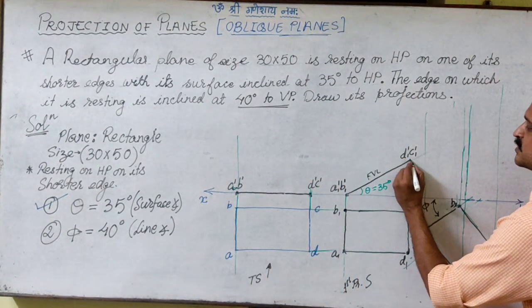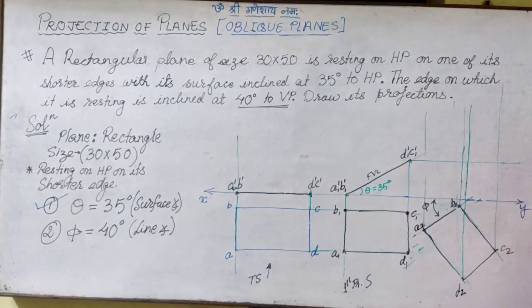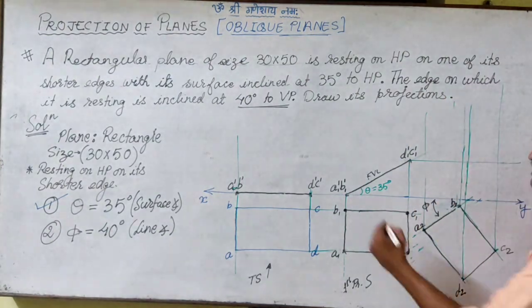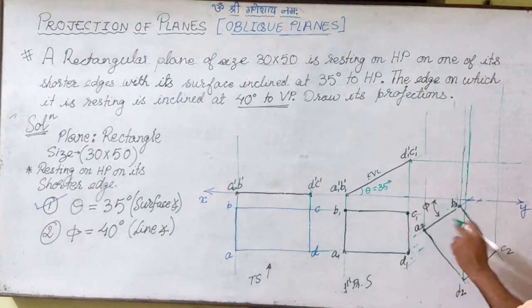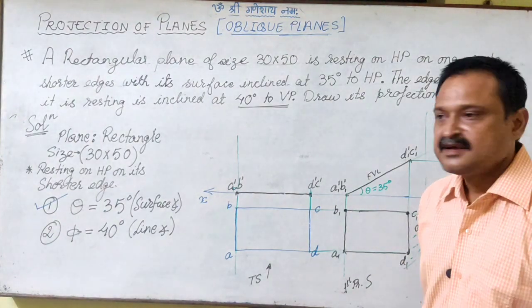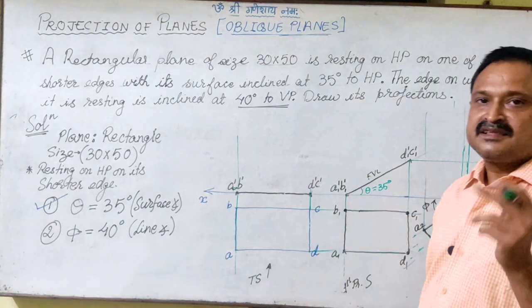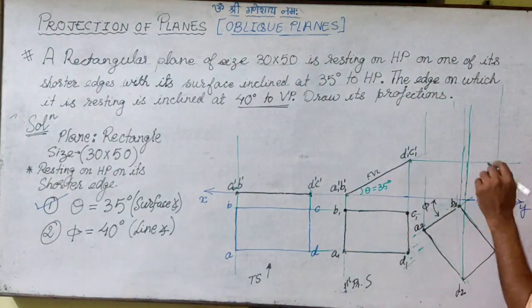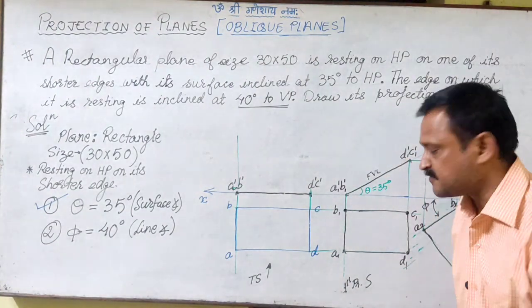So parallel to xy, I draw the locus of D and C, and B and A, they are on the xy line, right? So now we will mark the final corners for the final front view.